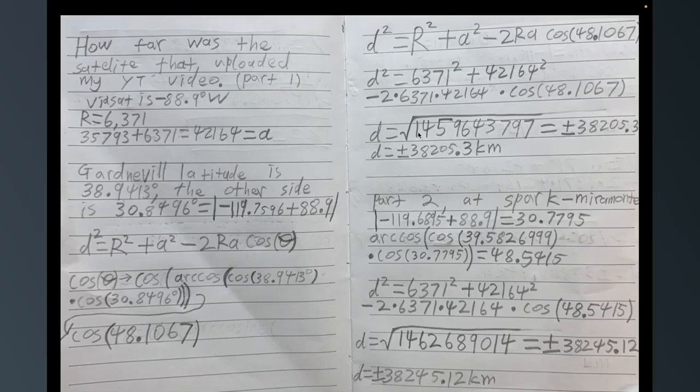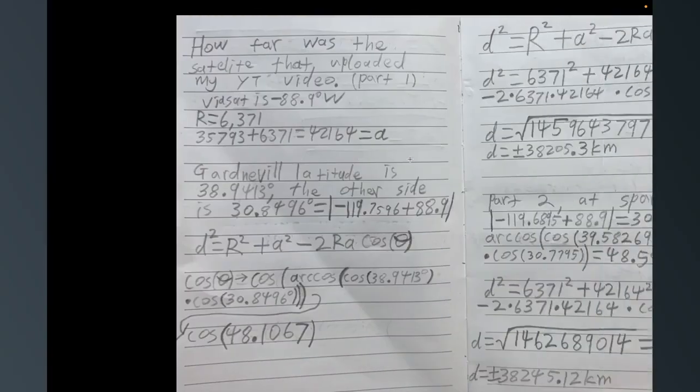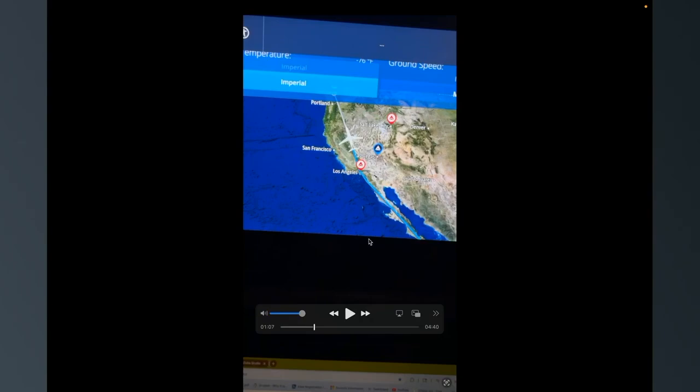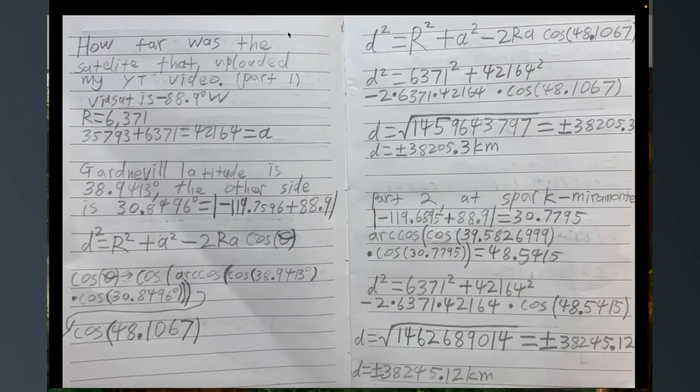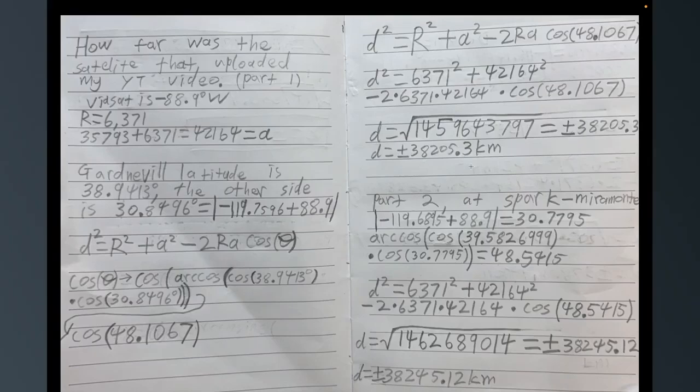And all of that is this number here. So take the square root, and we'll see that d is equal to plus or minus 38,205.3 kilometers. So in this video, the distance from me to the VSAT satellite is exactly this many kilometers.